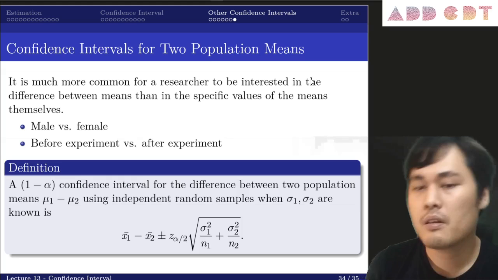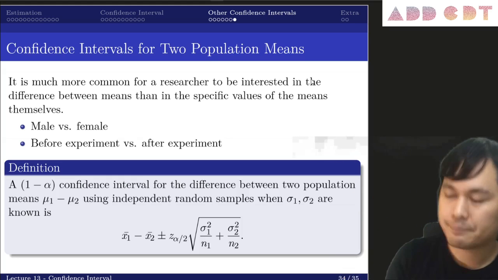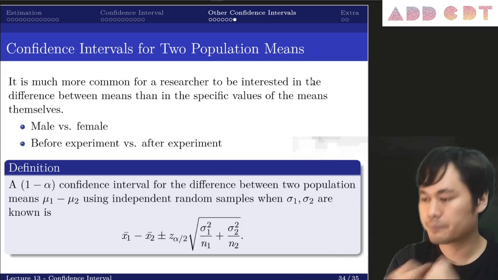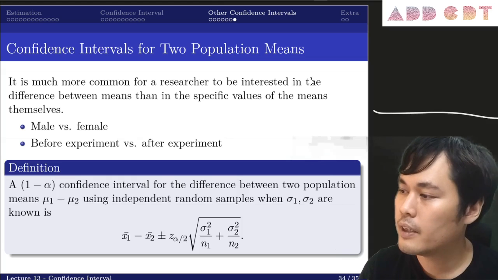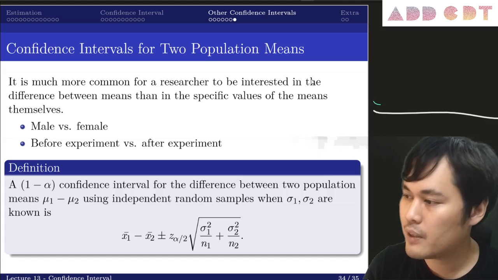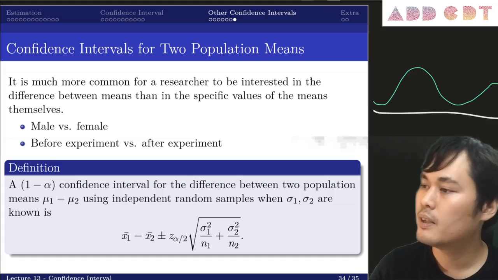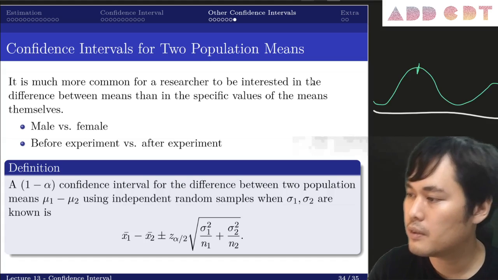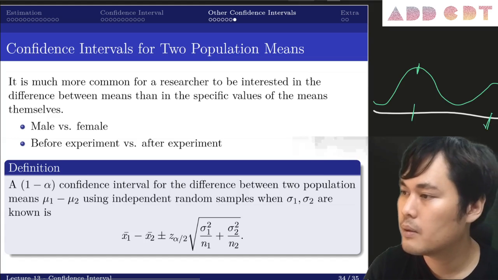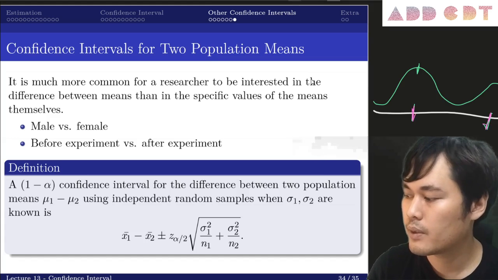If we have two different sets of data, then we can compare the means. If we just look at the graph, we will see one nice continuous curve, but our goal is to determine the difference between these two curves.